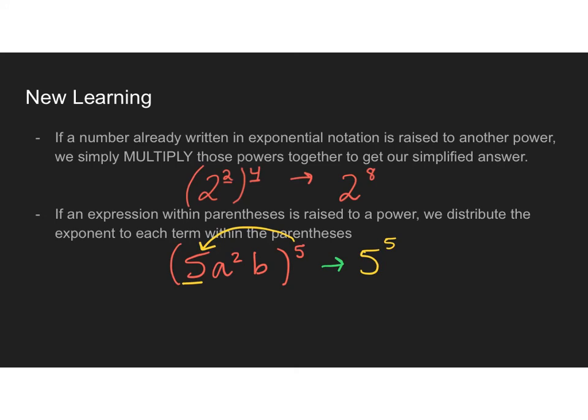Then we're going to have it being distributed to this a. The a already has a 2, so we're doing 5 times 2, so this would be a to the 10th. And then we're going to do this b. The b has nothing, so this is just b to the 5th. Okay? Again, we distribute it to every power within those parentheses. All right, if you feel confident with this, we're going to move into our exit ticket now.